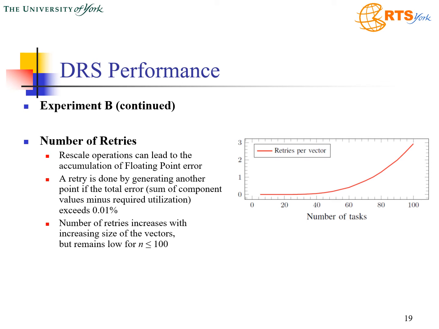A retry is done by generating another point if the total error, that's the sum of the component values minus the actual required utilization, exceeds 1/100th of 1%. We can see from the graph that the number of retries increases with increasing size of the vectors, but it remains below 3 for n less than or equal to 100.